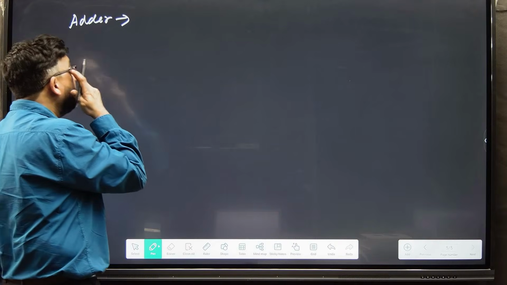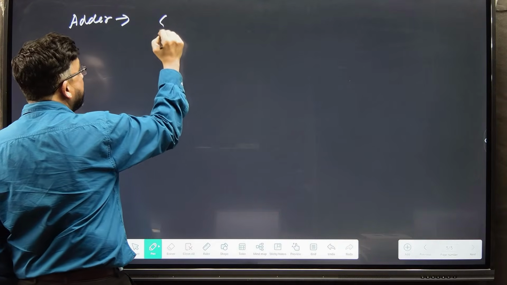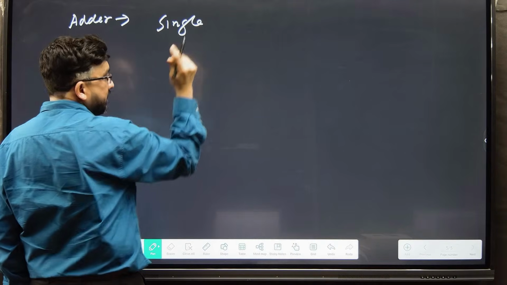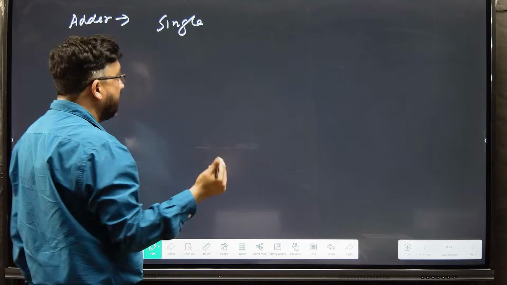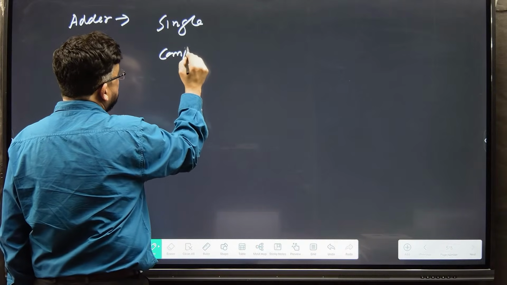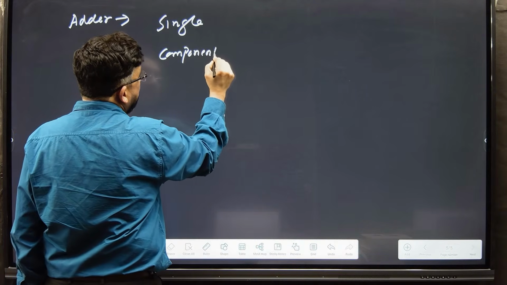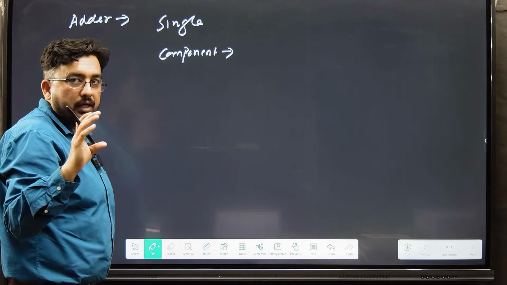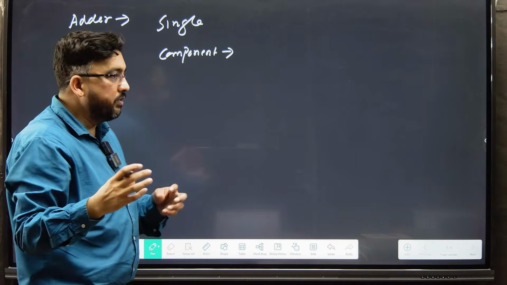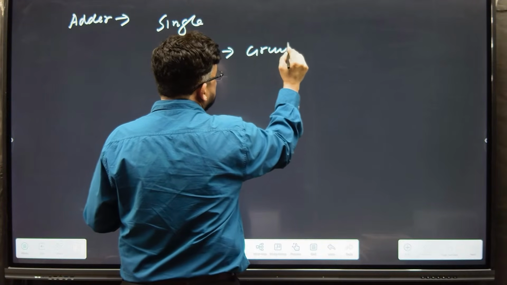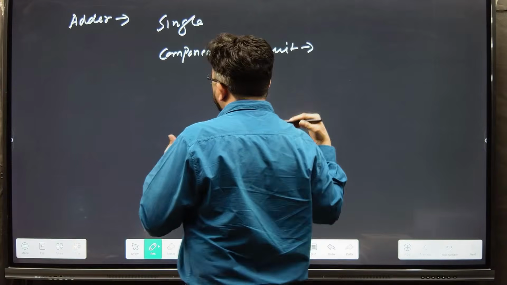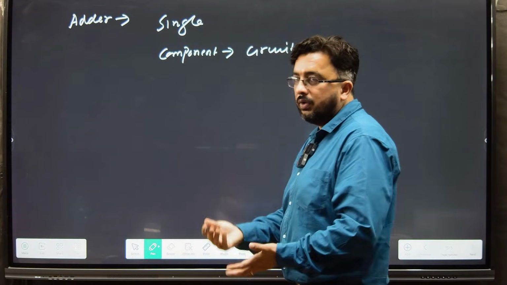There are two things. A single element I can call a component, and with the help of many components, like many gates, I can make one circuit. This is up to your understanding of how you are going to represent it.